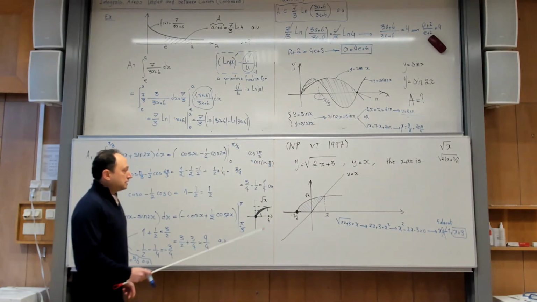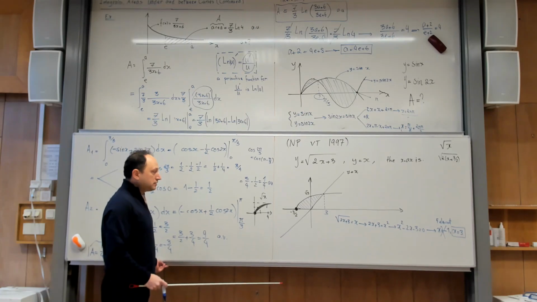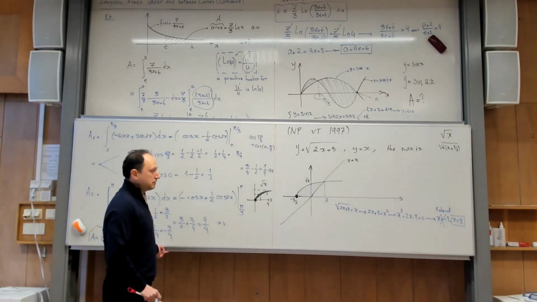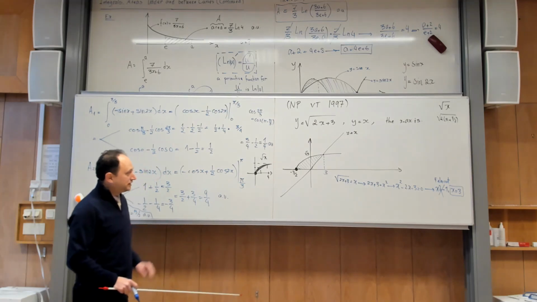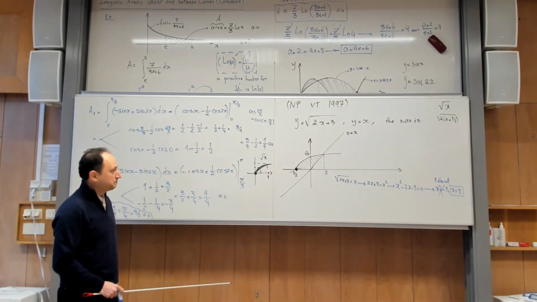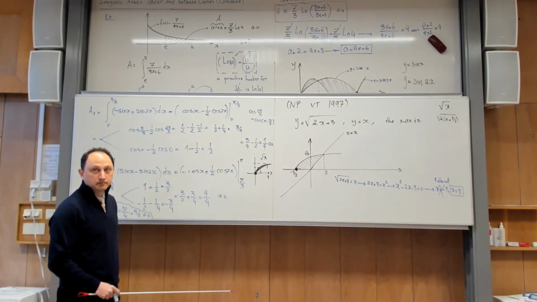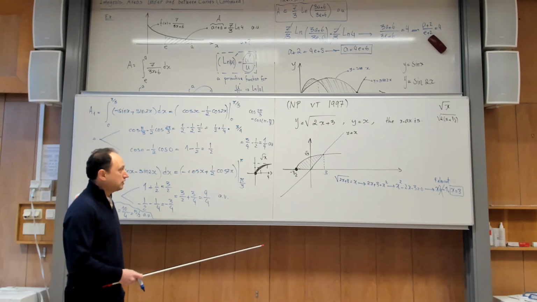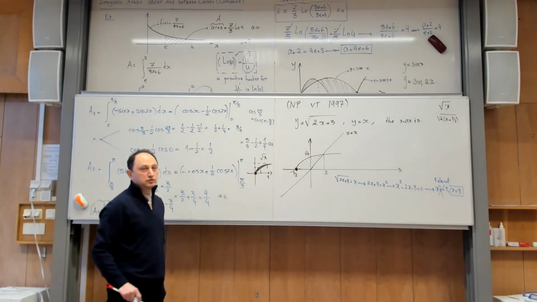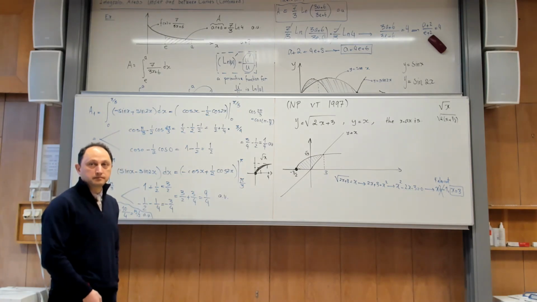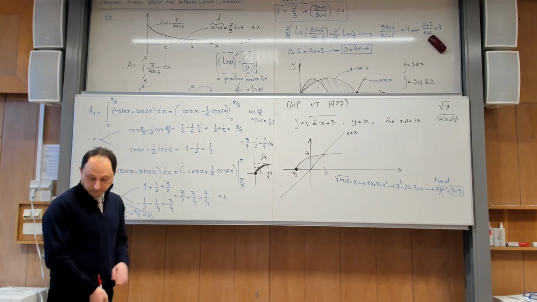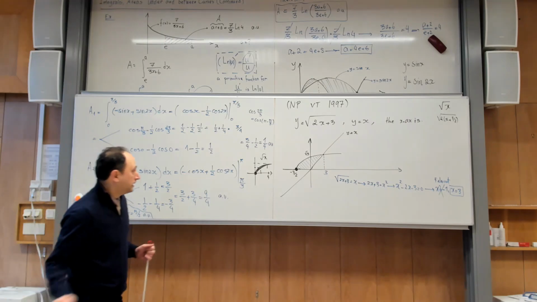Okay, but if you want to set up an integral, how should I set up the integral? I want to wait a little bit here for you. Can I write one integral to calculate this area or not? Okay, let us see.